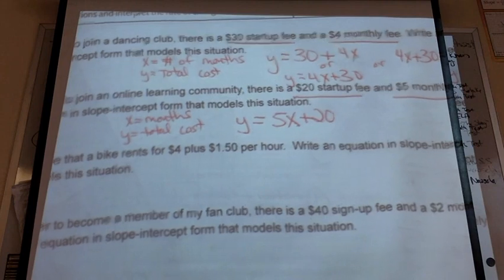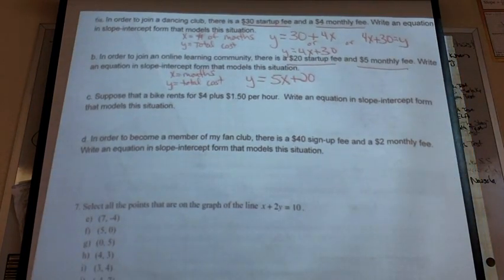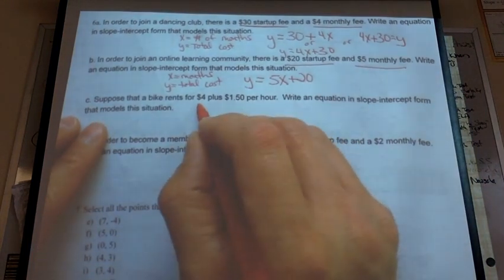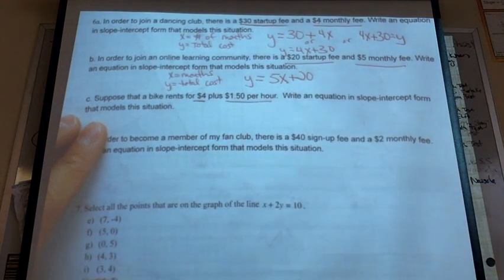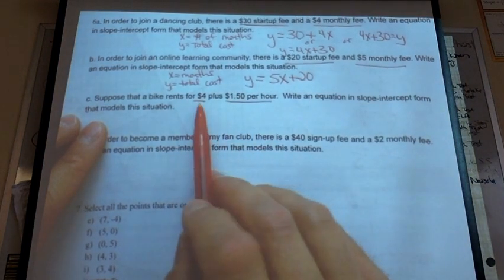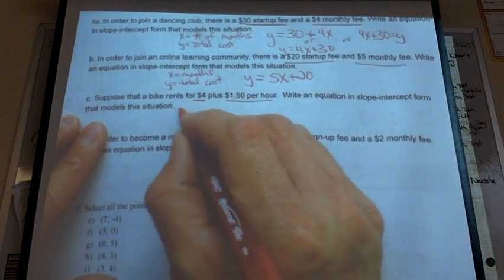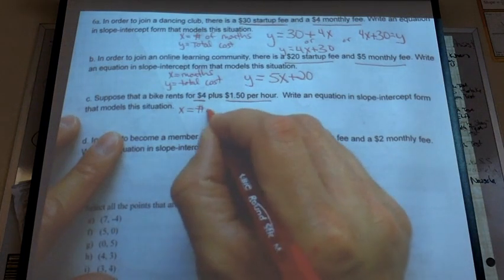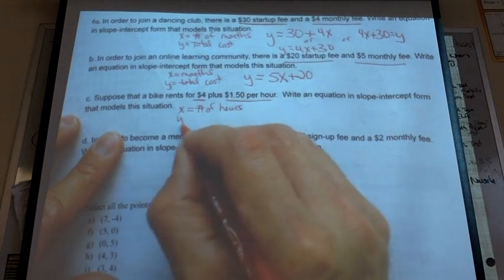Moving on to 6C. Suppose that a bike rents for $4 plus $1.50 per hour. So this is like your startup fee. Let's let x equal number of hours and y is total cost.